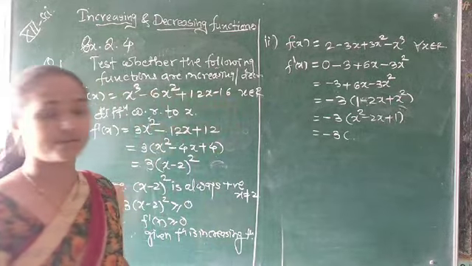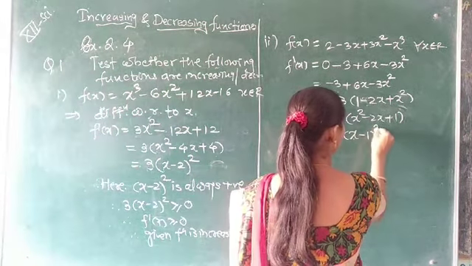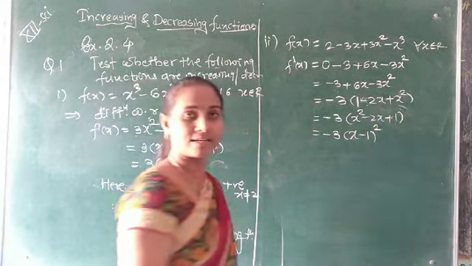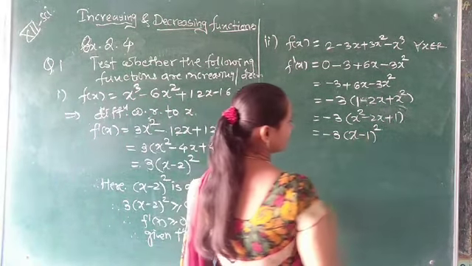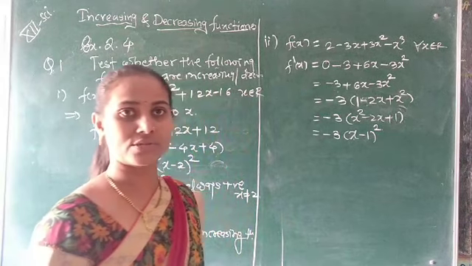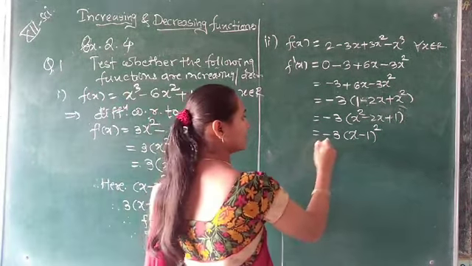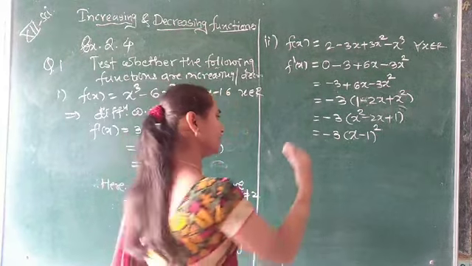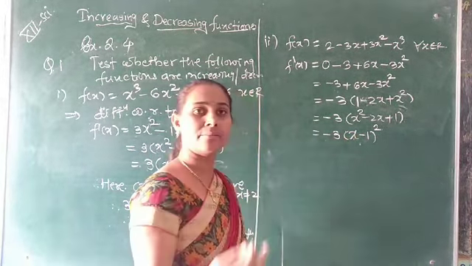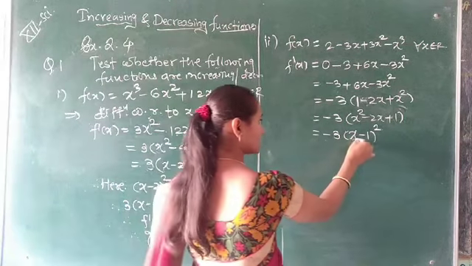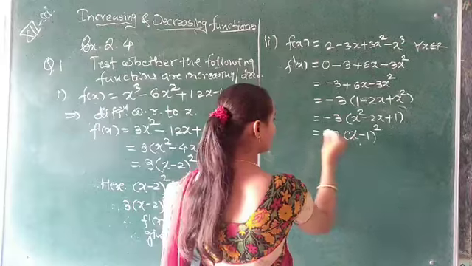Now x square minus 2x plus 1 is the square of (x minus 1), since the middle sign is negative. Now see here, the square of x minus 1 is always greater than or equal to 0. But the outside minus sign: this term is positive, but because of this minus sign, it again becomes negative.